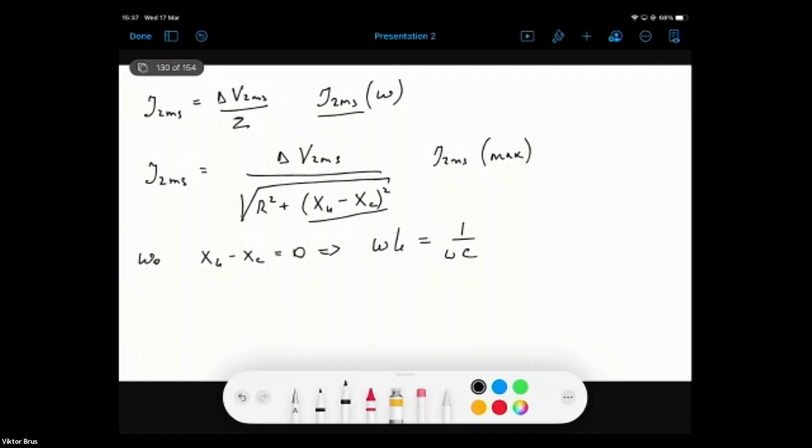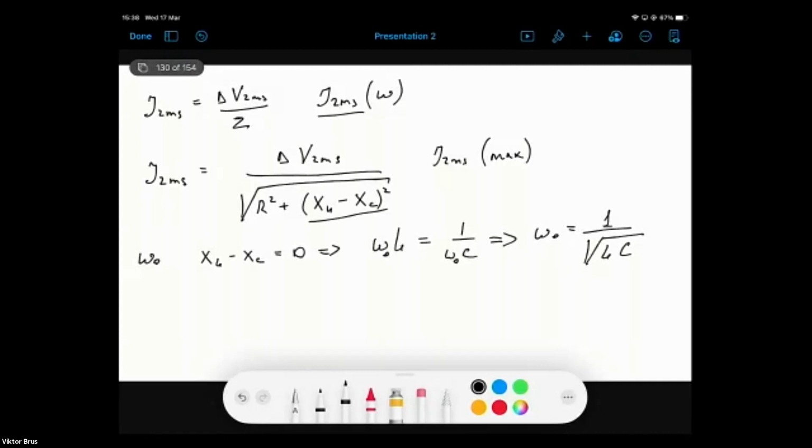And from this equation, sorry, here we need to put omega naught, because this condition is true only at certain frequency, which is omega naught. And from this equation, we can express omega naught. Omega naught will be equal to 1 divided by square root of L times C.